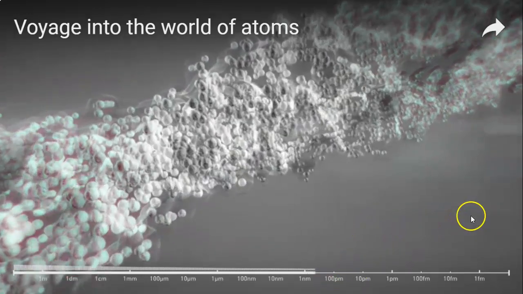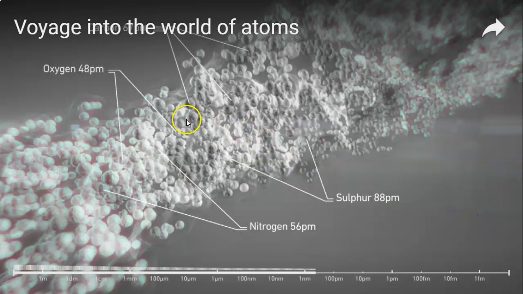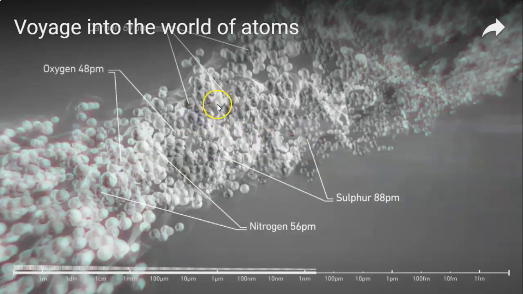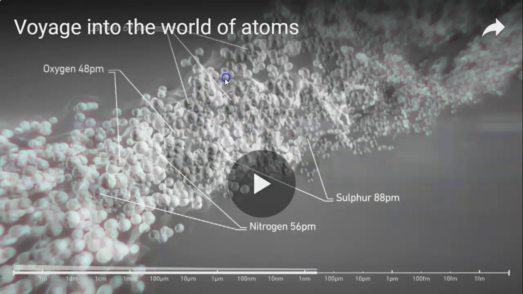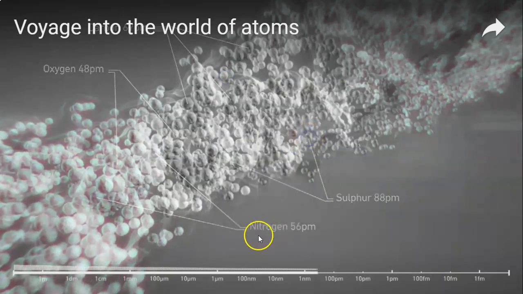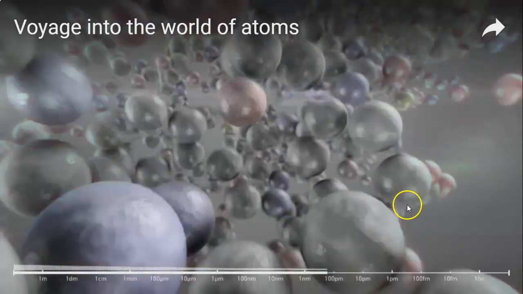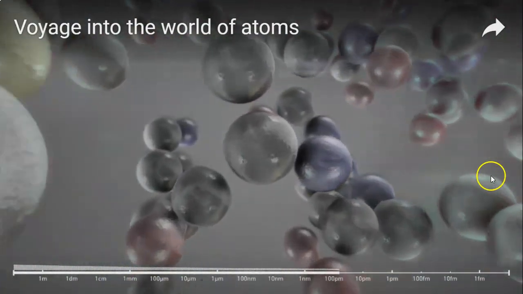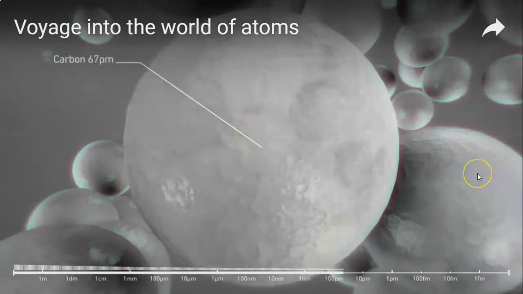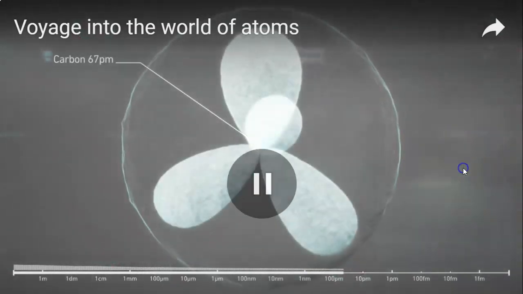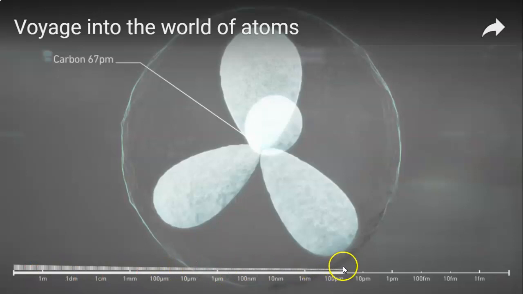10 times smaller, and now we're starting to see individual elements or atoms. Here it says a sulfur atom, here's a nitrogen atom, there's an oxygen atom. 10 times smaller, and there's an atom. How many times have we gone 10 times smaller? Some trillions of times smaller.